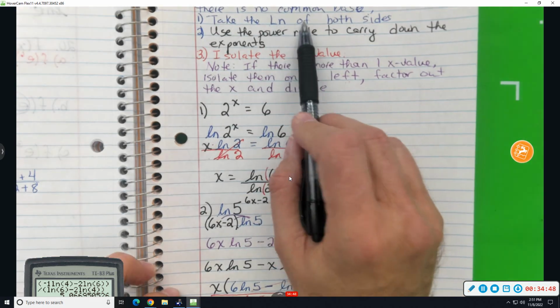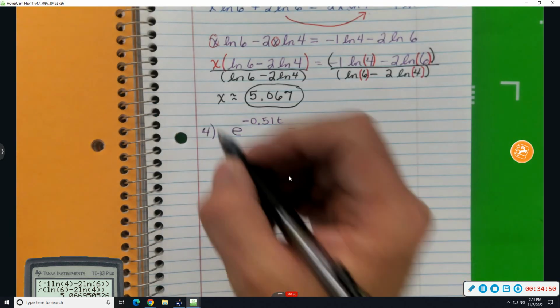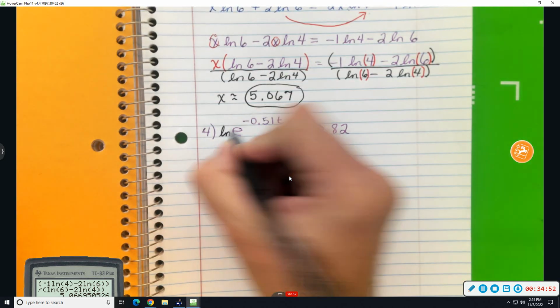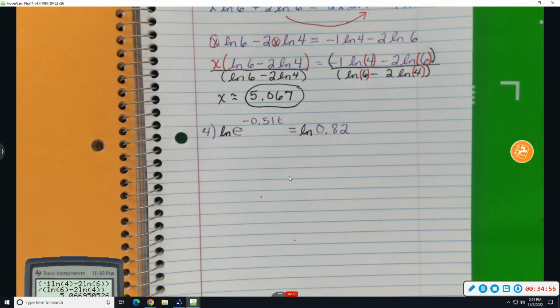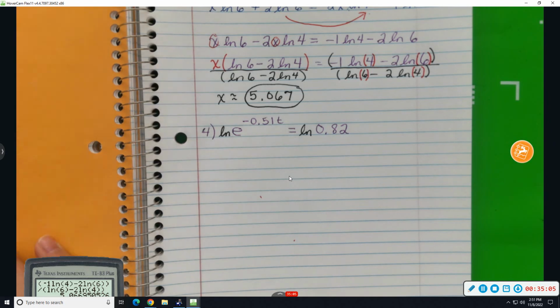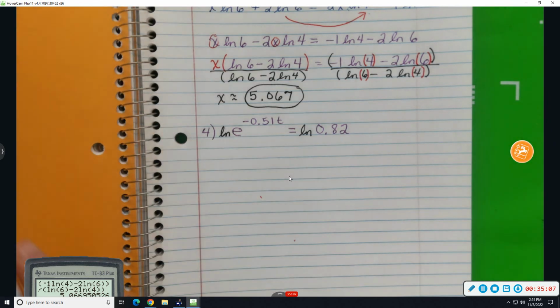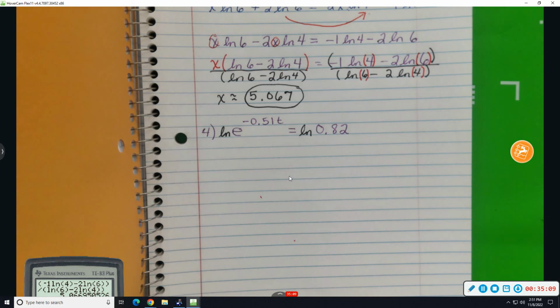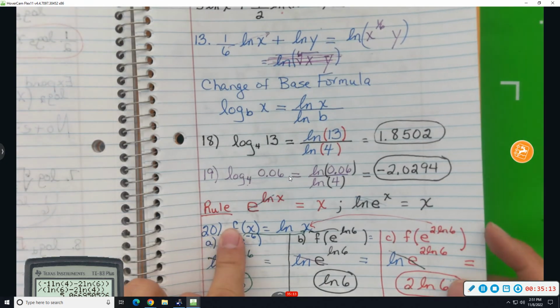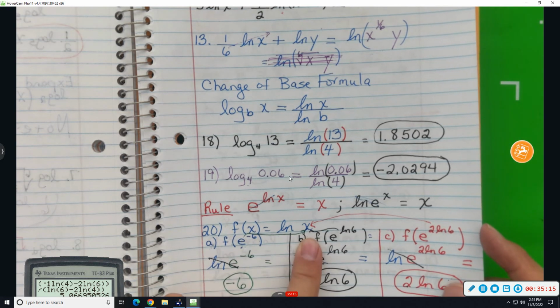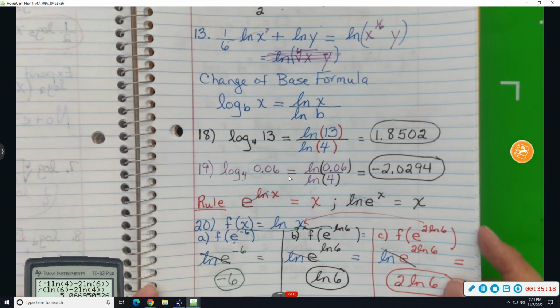Take the natural log of both sides. If I stick ln in front of each side, you're going to need to remember a rule that we stated the last time. It was the last problem when we were working with natural logarithms, problem 20, our first assignment of logarithms.